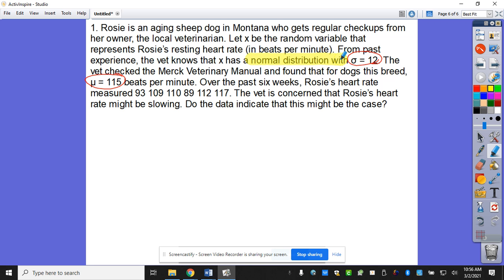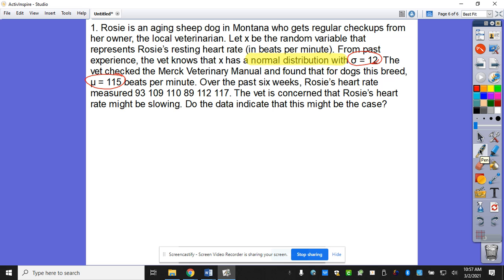My suggestion here is, because of the way the problem is worded, we're most concerned with how she's doing now to see if it's slowing. So I would think the better population, given thinking through the whole process, would maybe be just her heart rate in the last 6 weeks.